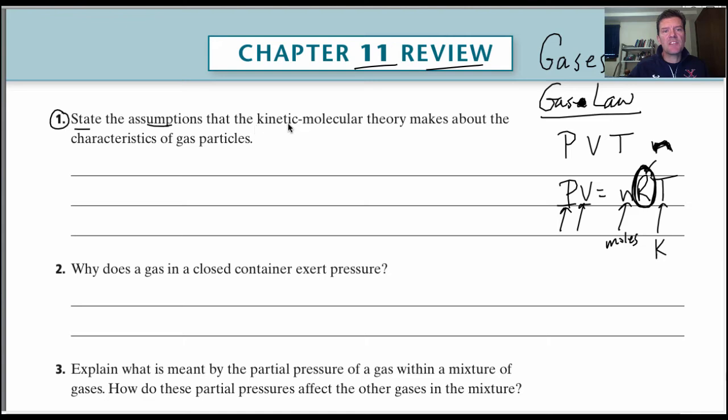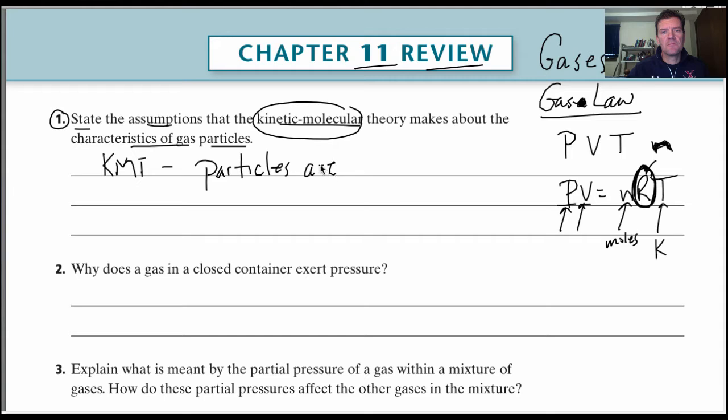State the assumptions that the kinetic molecular theory makes about characteristics of gas particles. The main point here is kinetic molecular theory. The KMT is basically saying particles are in constant motion. Constant motion.